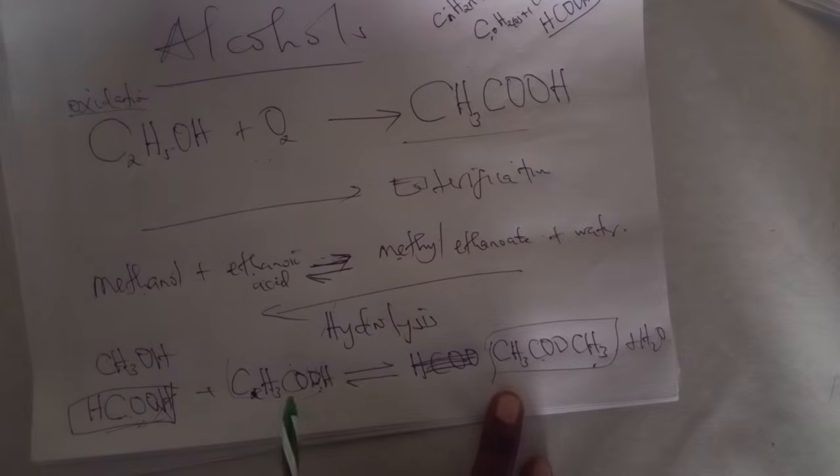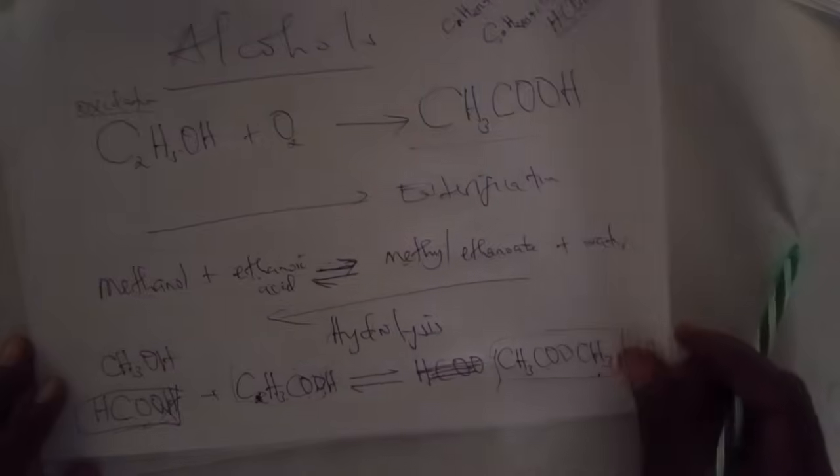Okay, so when writing, you ensure that you write the part of the acid up to where the O ends, then you add the alcohol part without an OH. That is the order that will help you understand this.